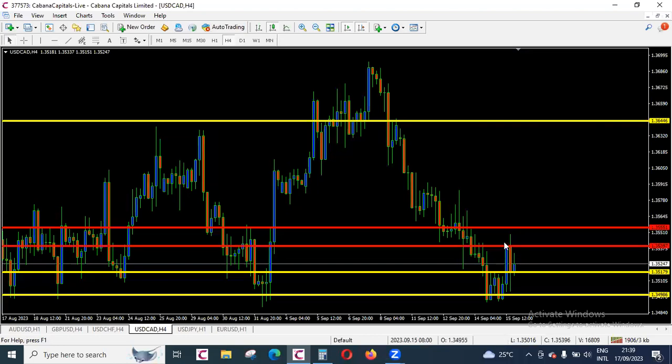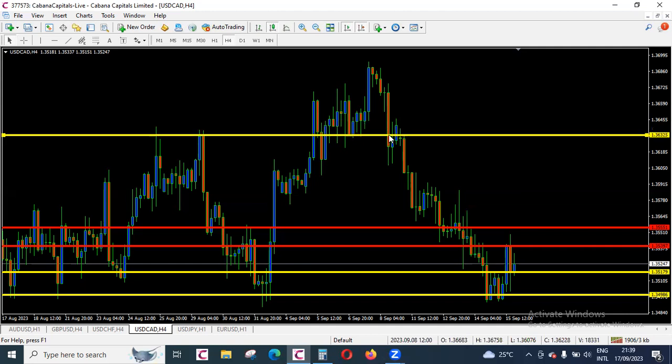If a 4 hour candle closes above this zone, we want to buy, set our stop loss a few pips below the zone. That's below 1.3539. Our stop loss will be a few pips below that level. And our first target could be this resistance.